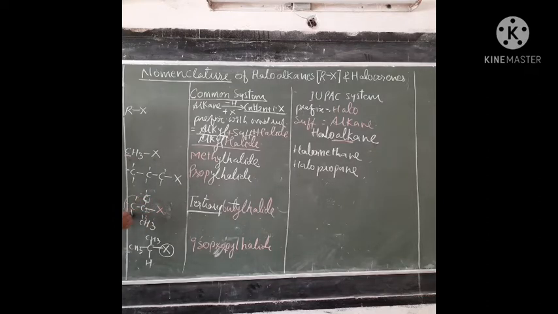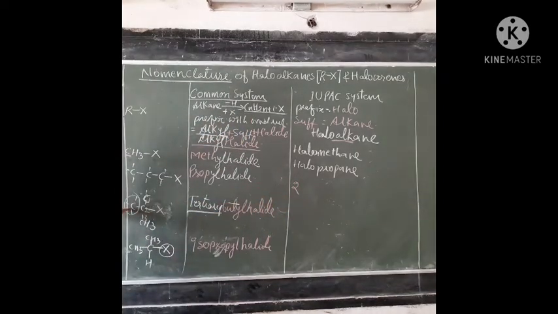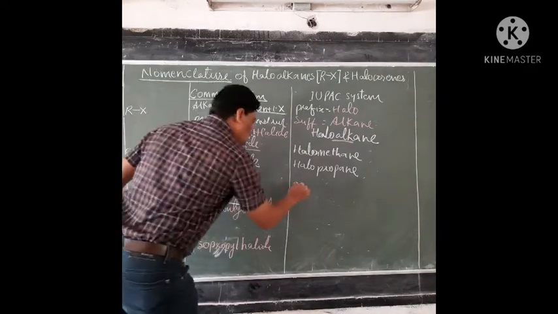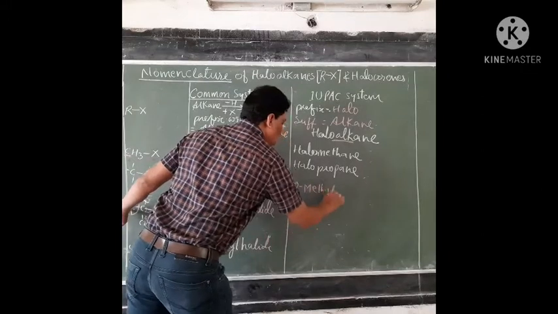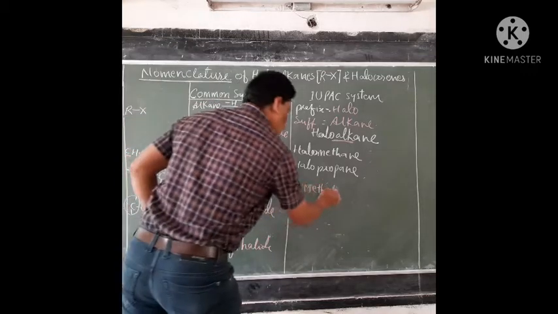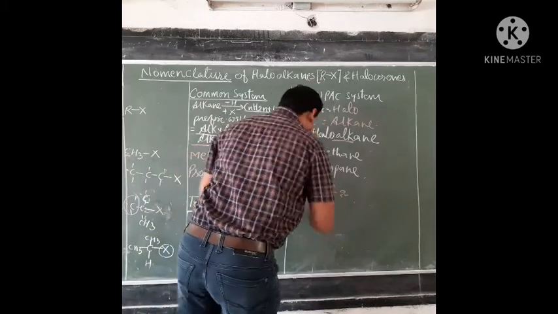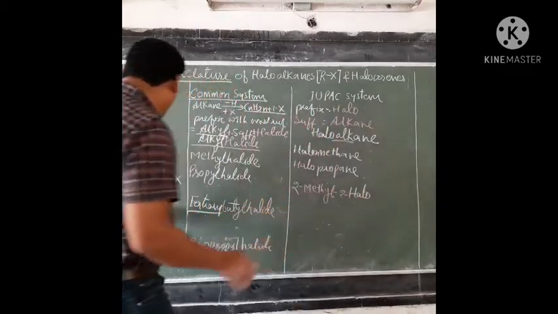While this CH3 is not counted in the chain, it will become a prefix, and the prefix is attached to the second carbon atom, therefore it is written as 2. The substituent is CH3, so 2-methyl. This is the prefix. And now the halogen is attached with the second carbon atom, again 2-methyl, 2-halo.